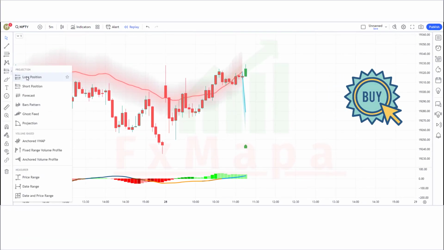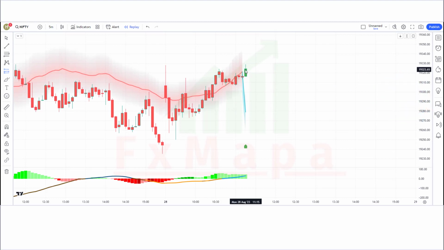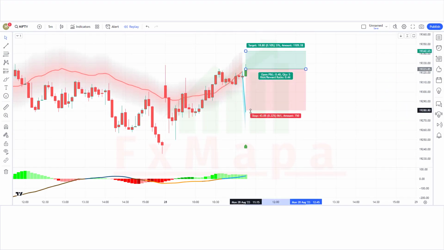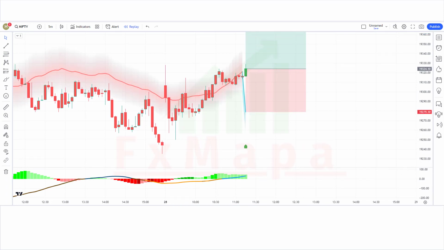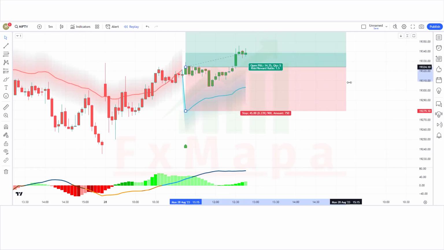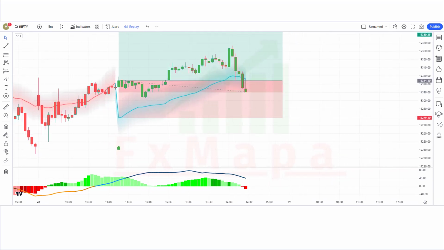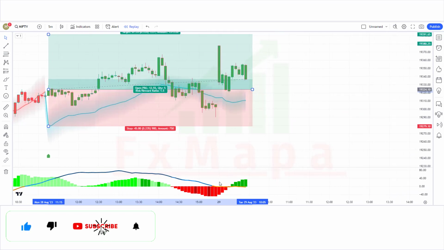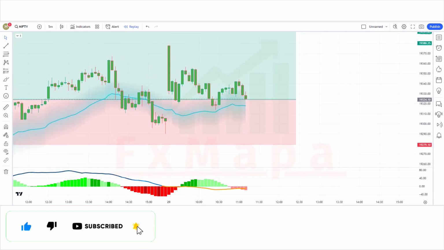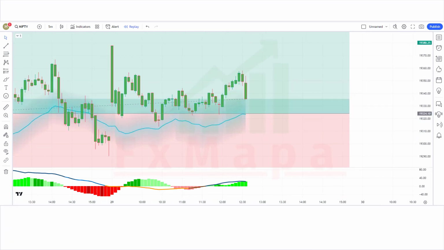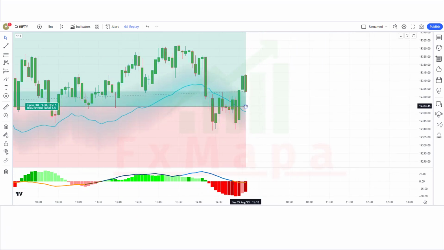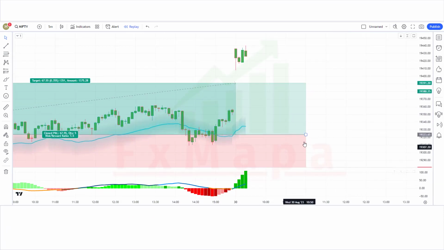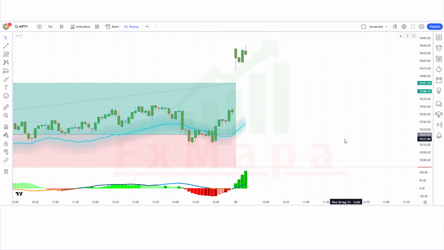If this condition is fulfilled, then we will place a buy order. Our stop loss will be placed at the green Trend Sniper line, and the risk to reward ratio will be 1:1.5. The market has completely hit the target.